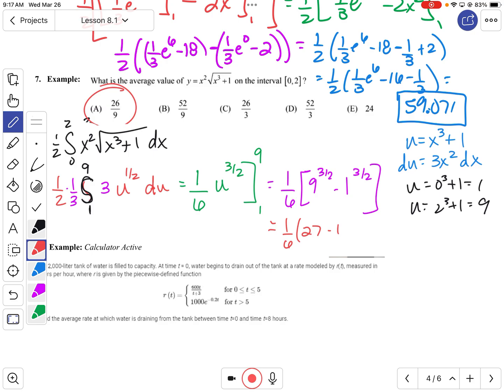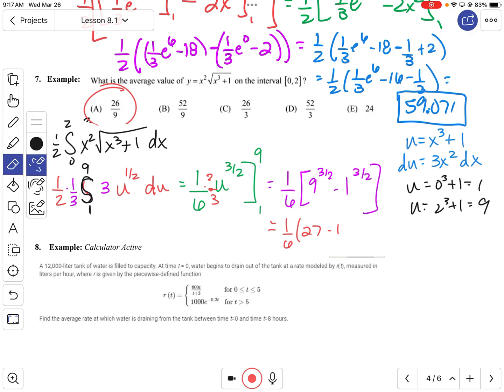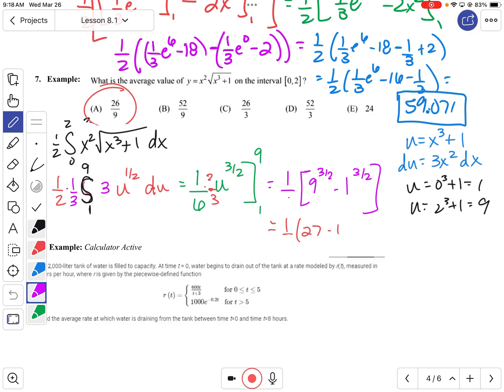Oh, I forgot to divide by the 2/3. When I did u to the 3/2, there'd be a 2/3 right there. I was like, what am I missing? So it's 1/9. Sorry. There we go, 26/9. When I did my antiderivative, I forgot to divide by the 3/2. So there's where your 2/3 comes in.